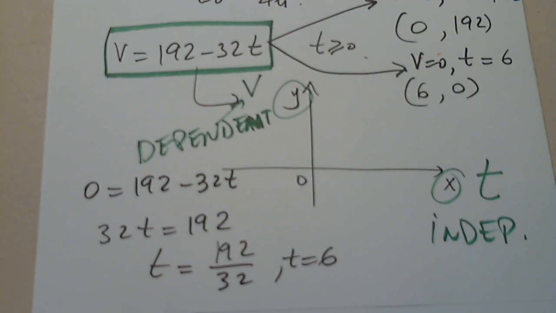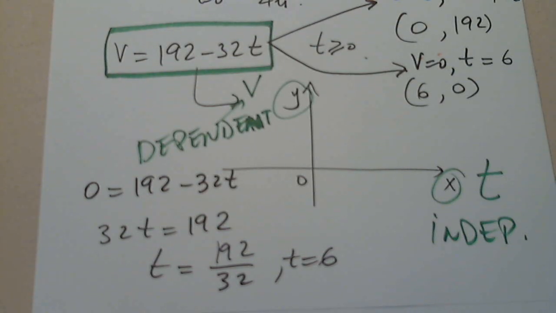After t seconds, that's the x-intercept. So that's 6. In 6 seconds of flight, the rocket has velocity 0. 6, 0. It's this point. 6 seconds, 0 velocity.